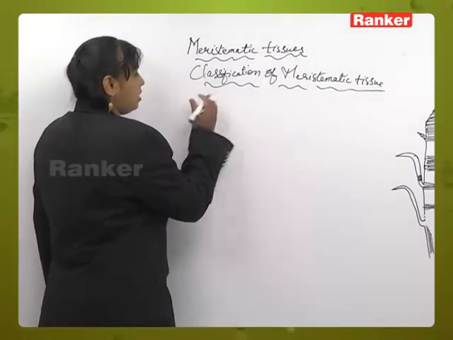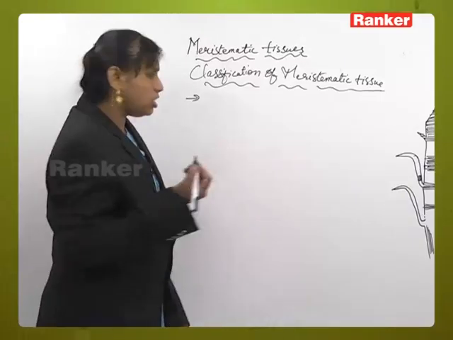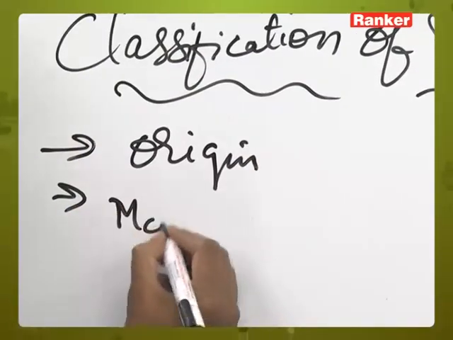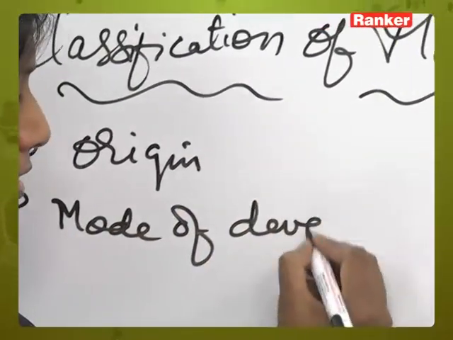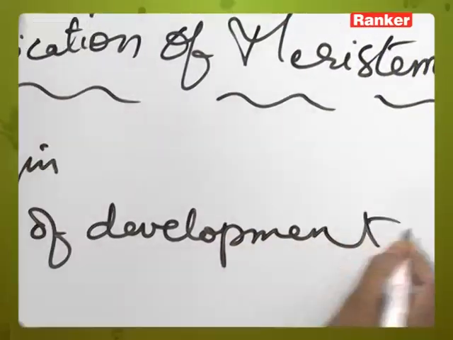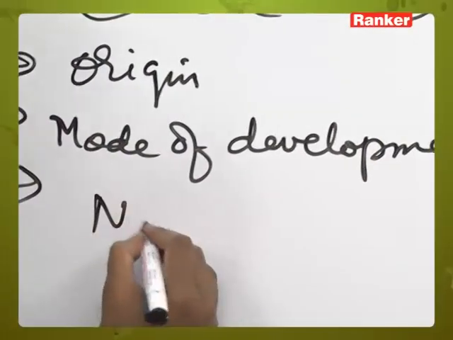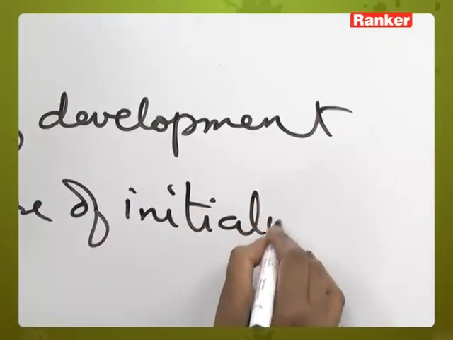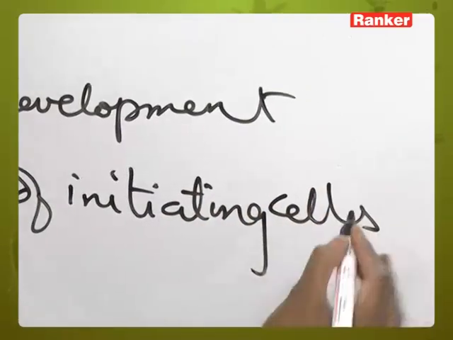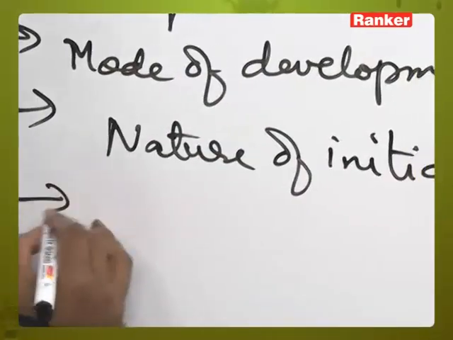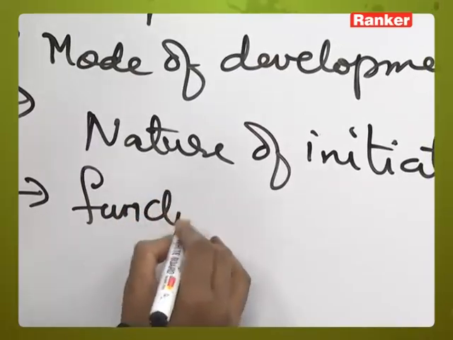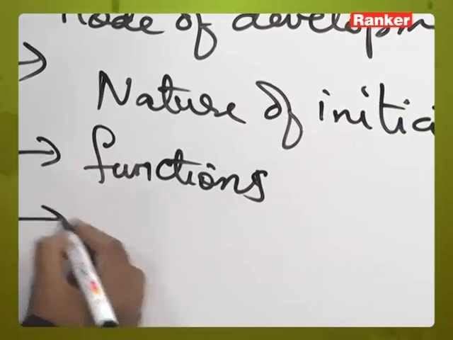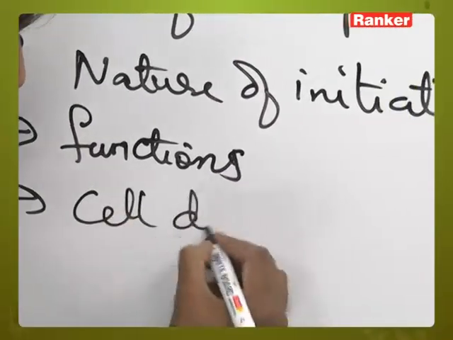What are the criteria there? The meristems can be classified on the basis of origin. Second, on the mode of development. On the nature of the initiation cells. On the function which it is carrying out, and on the type of cell division and growth patterns.